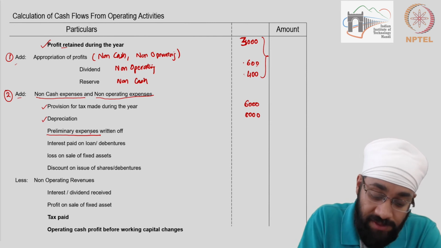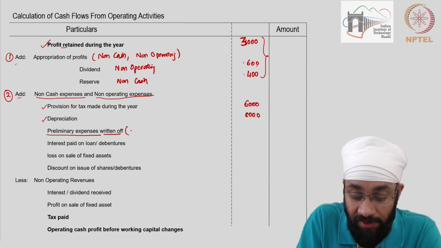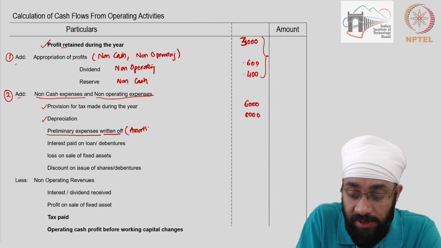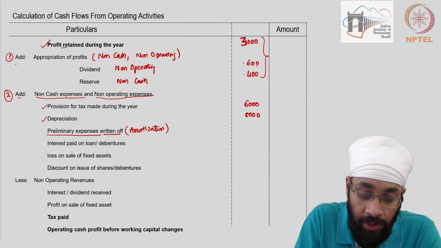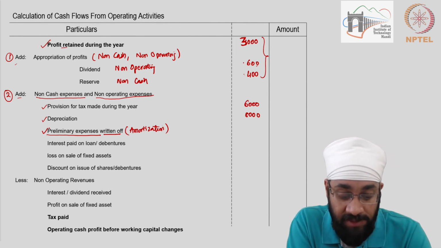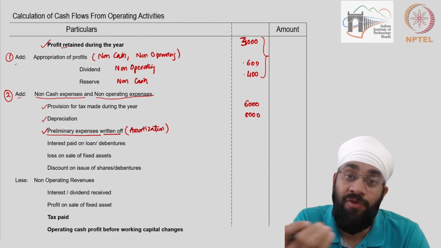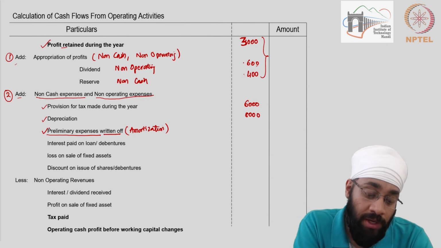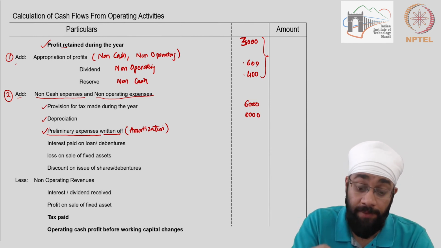So preliminary expenses are being written off. This is an amortization. This is similar to depreciation. So preliminary expenses are treated as a fixed asset because these are a lump sum amount incurred before the registration of the business, and now you can depreciate them over a period of time in the business.